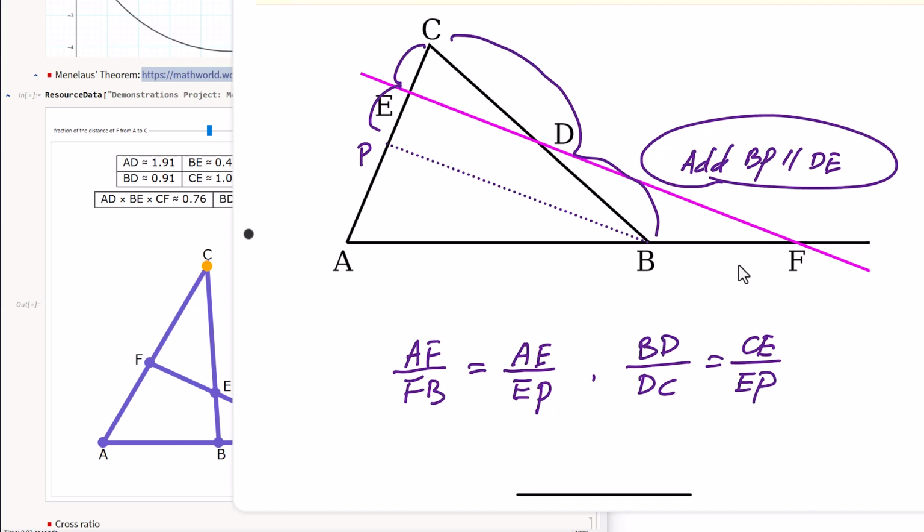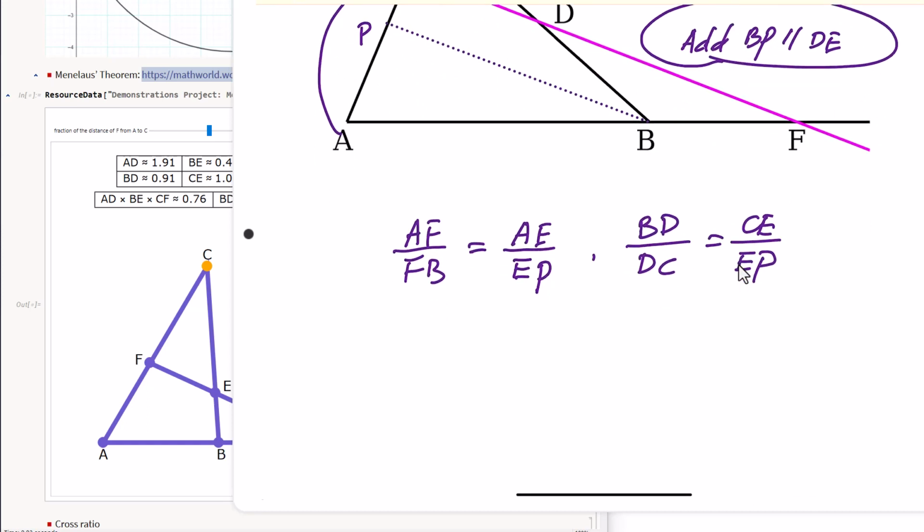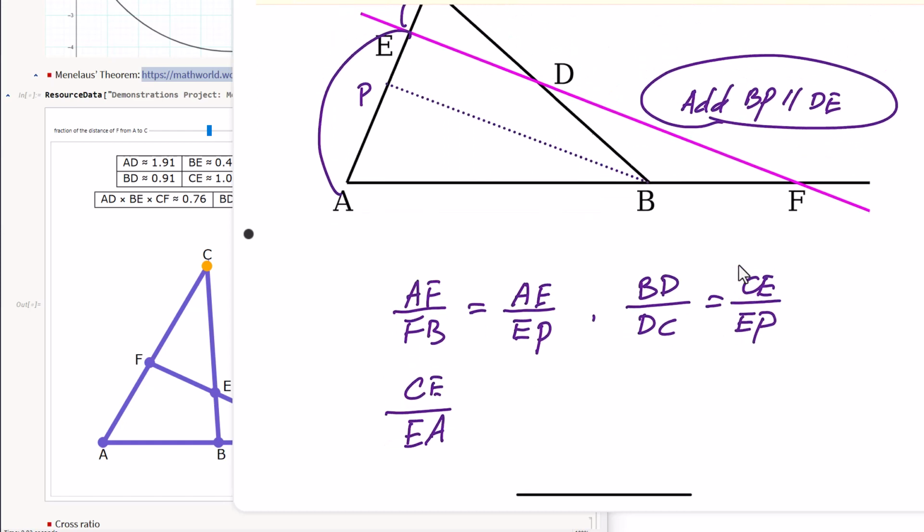And lastly, we have CE over EA. And this thing remains itself.